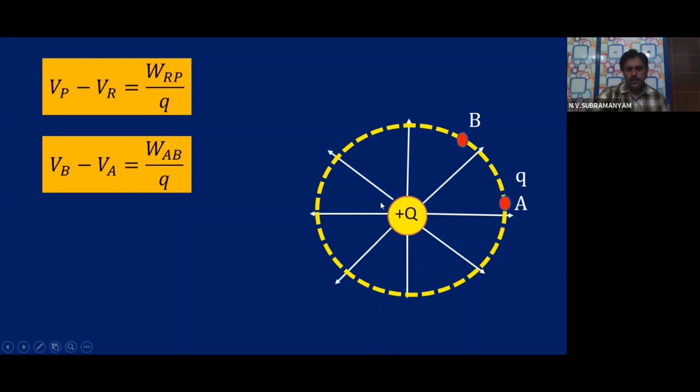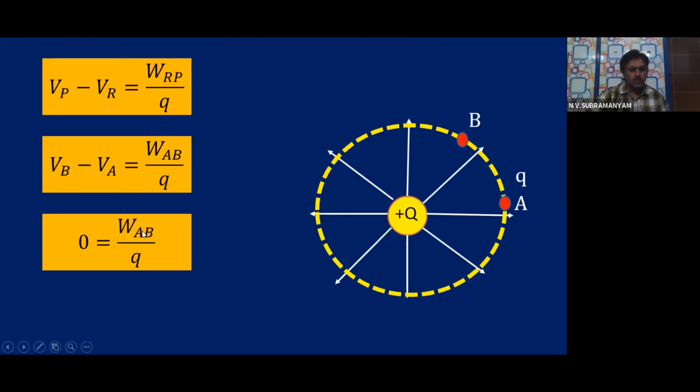If I move the charge from A to B, then Vb minus Va should be equal to the work done to move from A to B divided by charge Q. But you know Vb and Va are equal. That means Vb minus Va will become 0. Then 0 is Wab by Q. Then if I cross multiply, I will get the work done to move from A to B is 0.